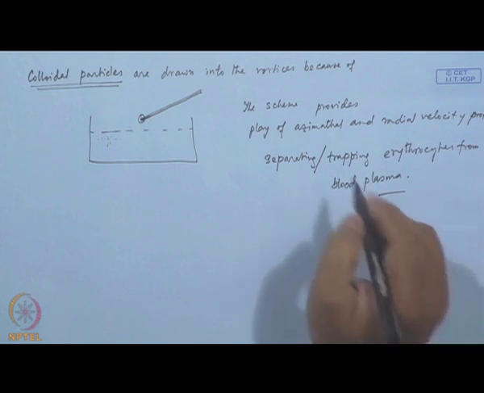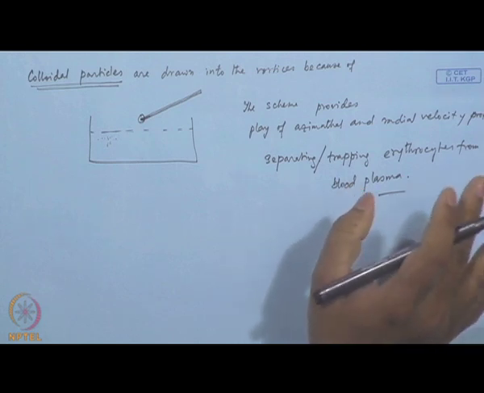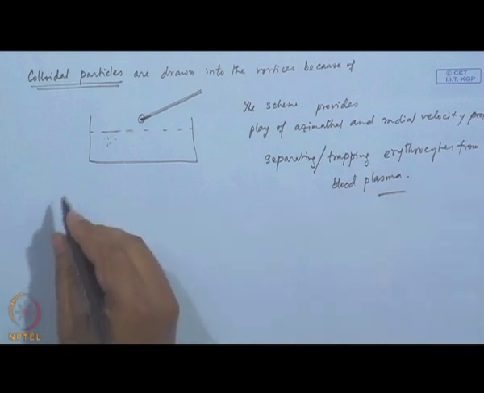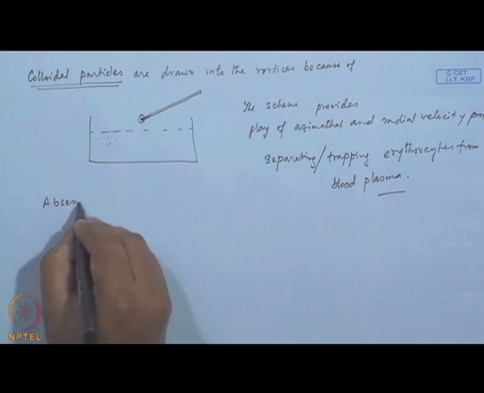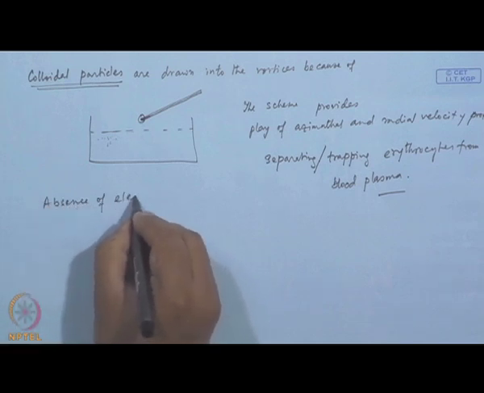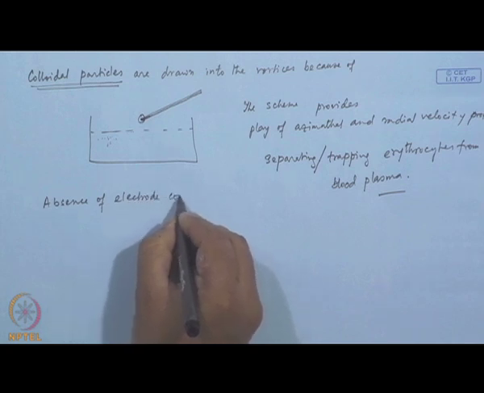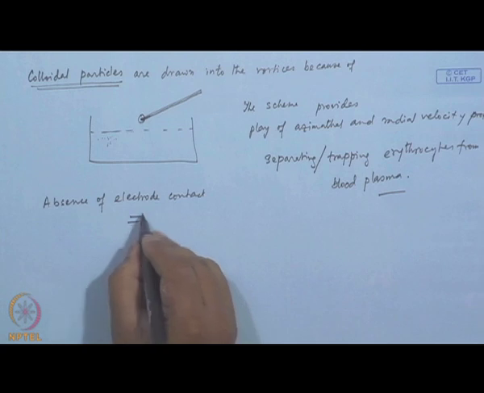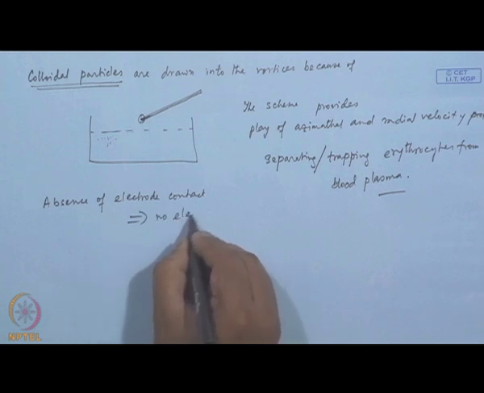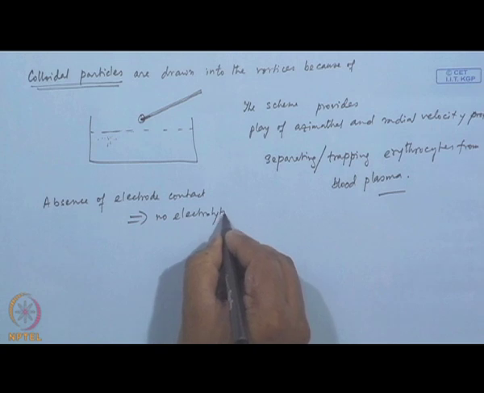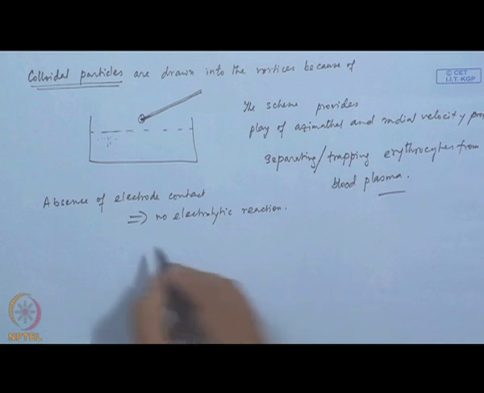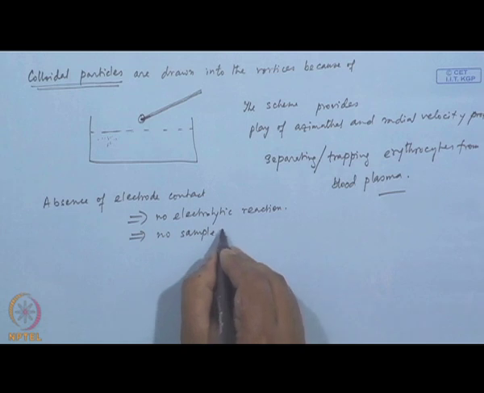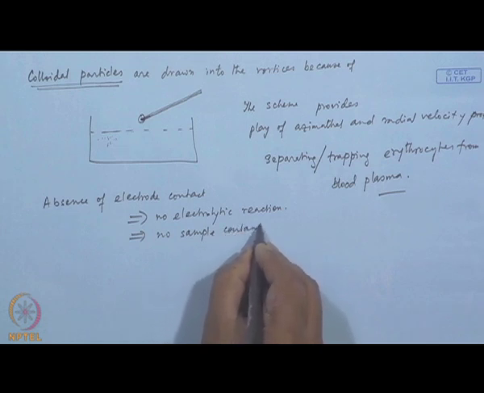There are certain advantages to it which the scientists who are working on this scheme have highlighted. One is the absence of electrode contact. So the advantage is no electrolytic reaction, and so accordingly no sample contamination.